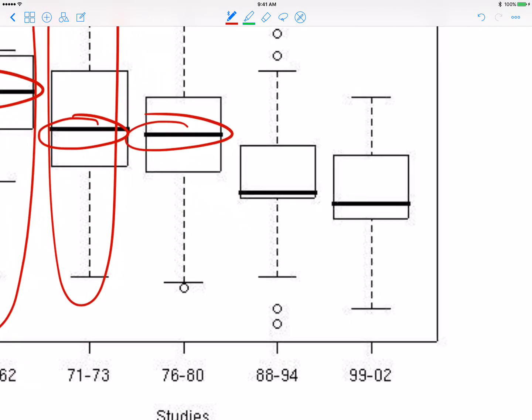But what about a case like this, where for sure the height of this box contains the middle 50% of the data, because the box edges are the first quartile and the third quartile, and then the median is somewhere there.